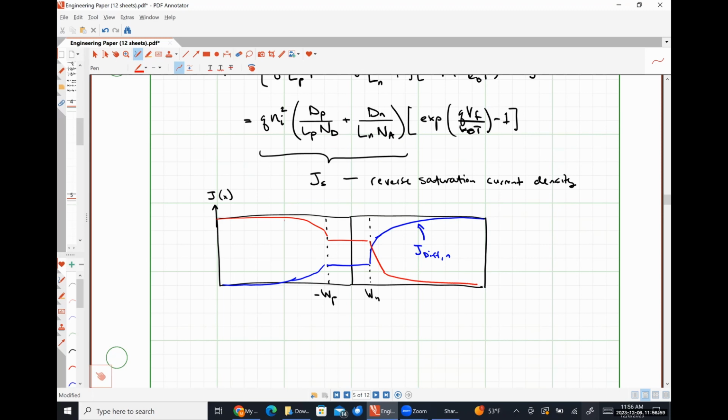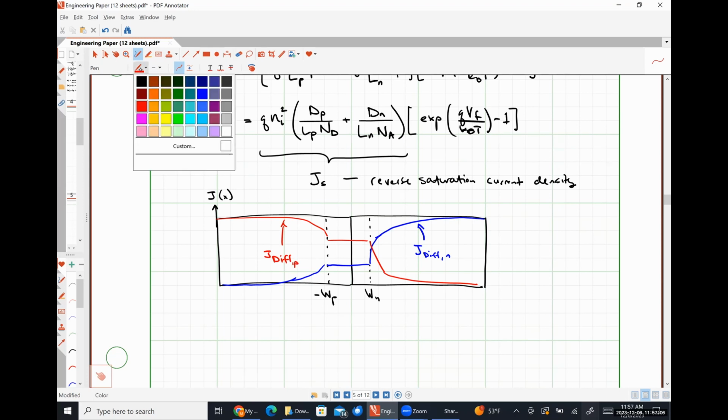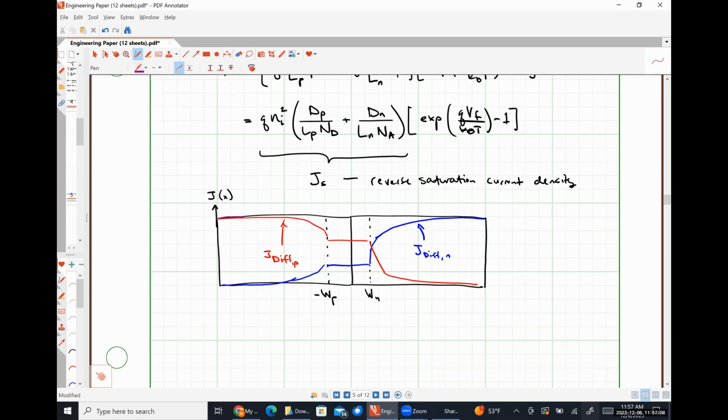Something like this. And when we add these together, we get literally a constant value across the length of the crystal, which is what our math suggests.